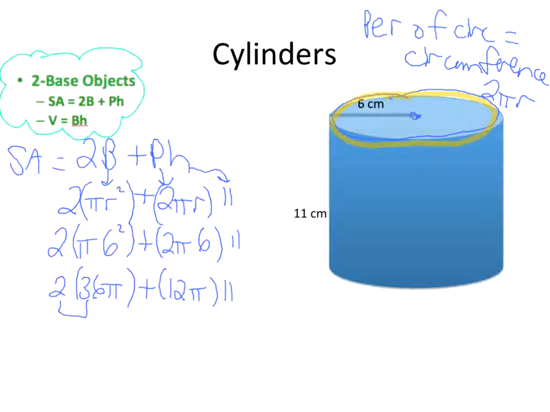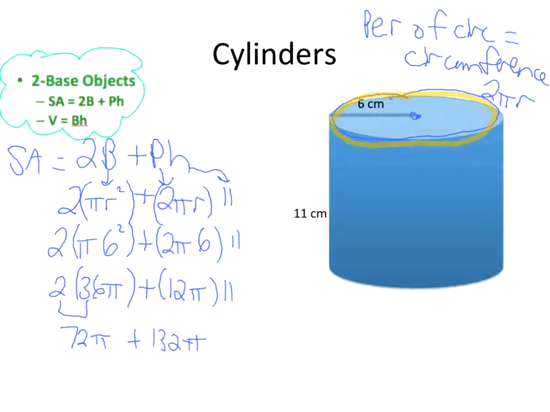So here I can do my 2 times my 36, which would give me 72. And on the next part, I can do my 12 times 11. Think about why I'm allowed to do that. This says 12 times pi times 11. See, they're all multiplied together. So I'm just doing my normal numbers first. So 12 times 11 gives me 132 times pi.